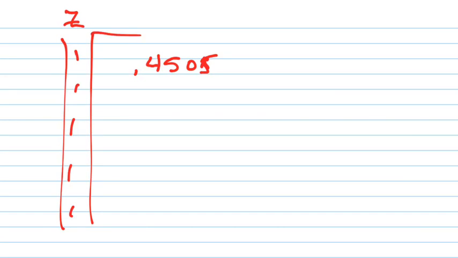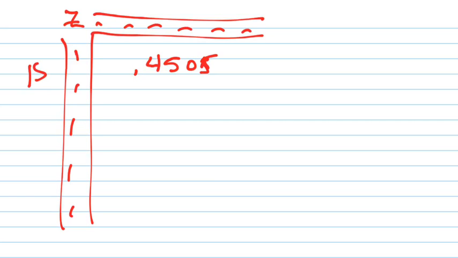Then you're going to see it's got z at the top, then some numbers down the side, then some numbers across. For that particular one, 4505 is the z-score on this side. Remember, this is the first number you read, and this is the second part. The first one is 1.6.